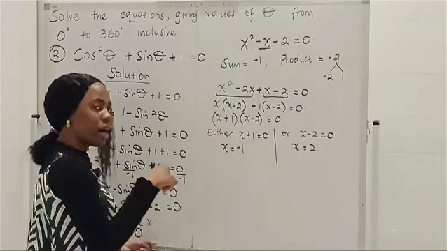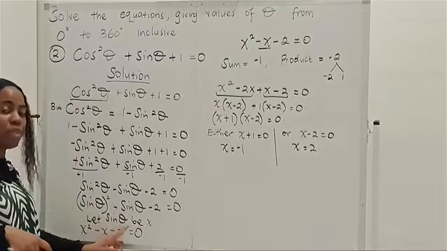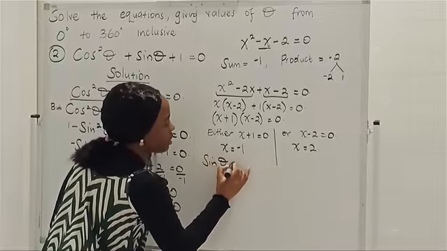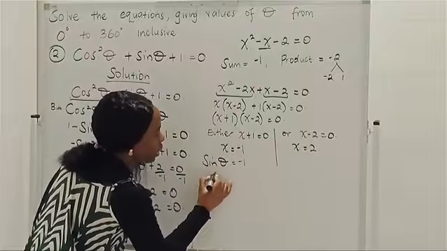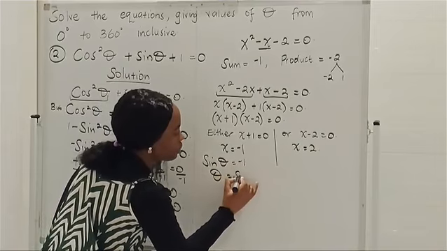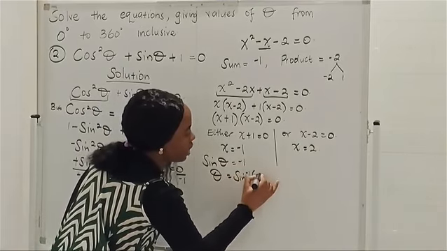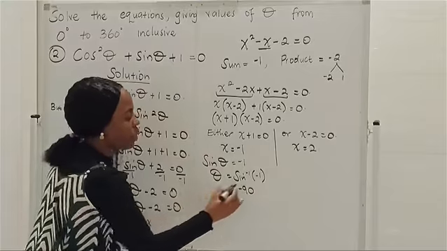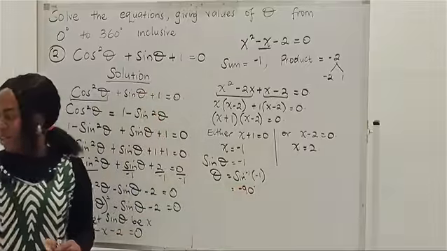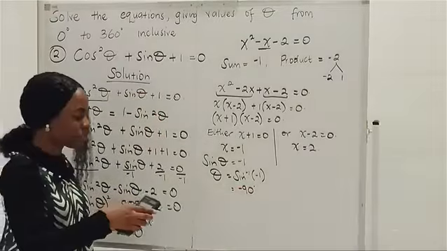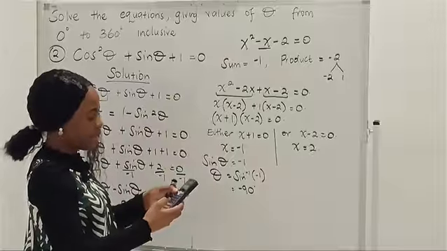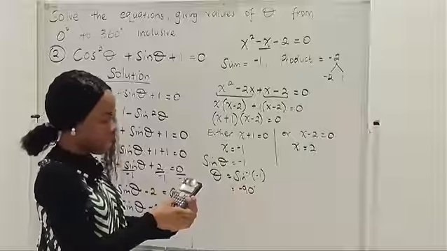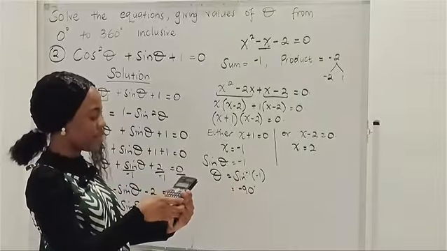Now let us bring back, we said that let sine theta be x. So we have sine theta is equal to -1. Now what is theta? Theta is equal to sine inverse of -1. When you get sine inverse of -1, you get your calculator, then you press shift, then sine. You get sine inverse, open brackets, and then you put the value -1.